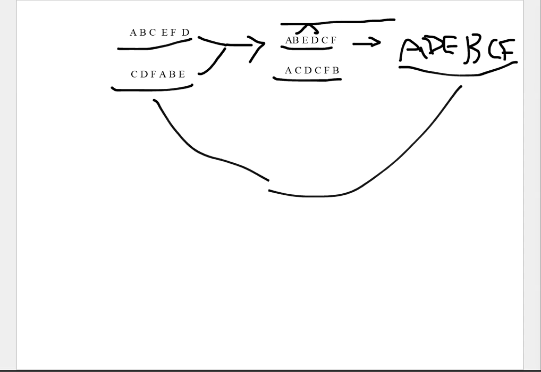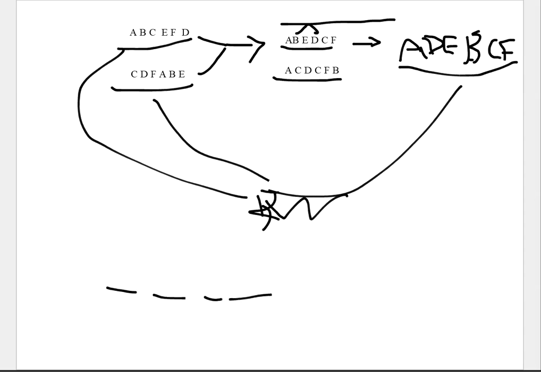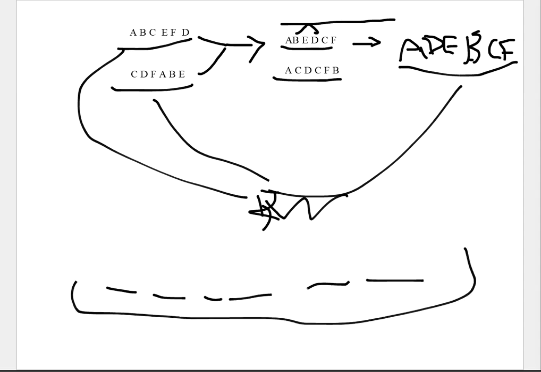Then you use selection, and you select from these values from parents. And each time you keep the best solution until you repeat and repeat and reach the order of the cities with minimum distance.